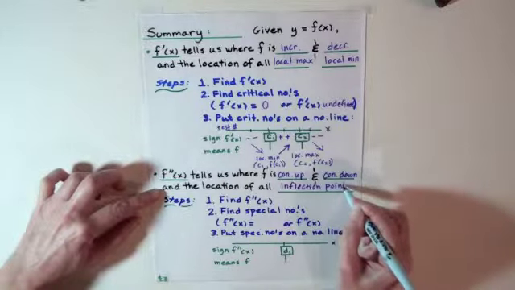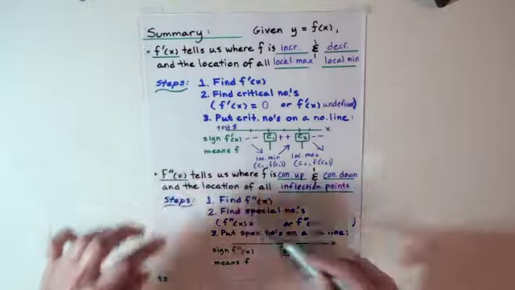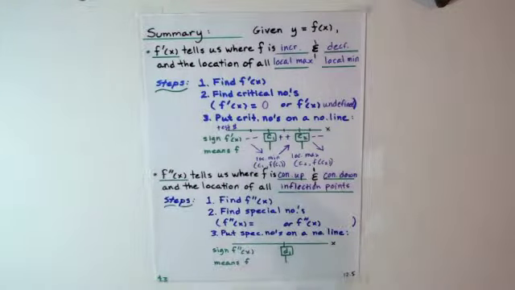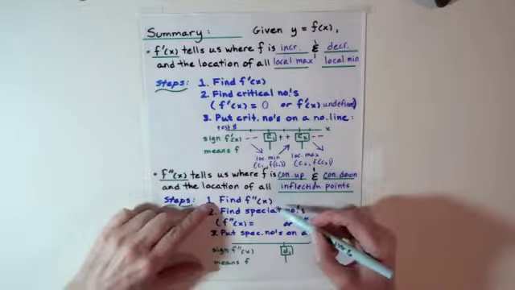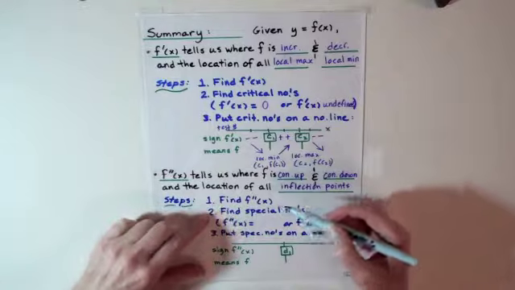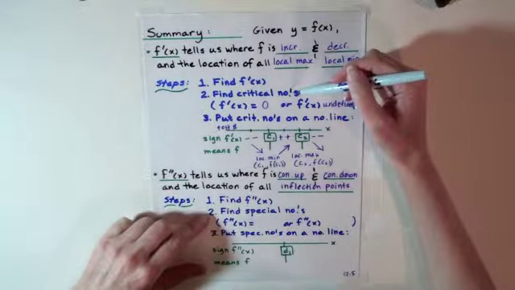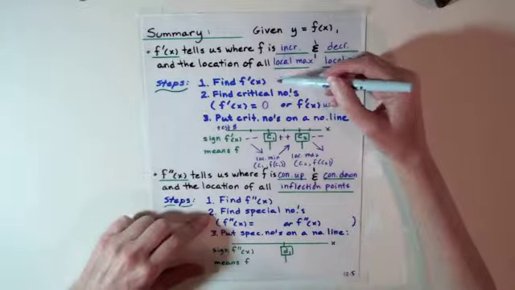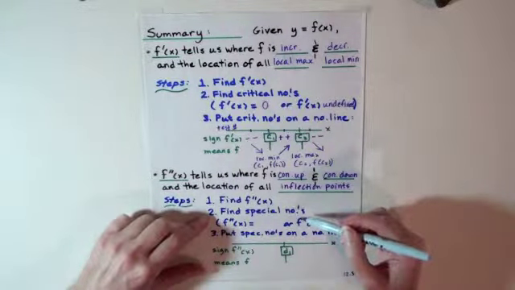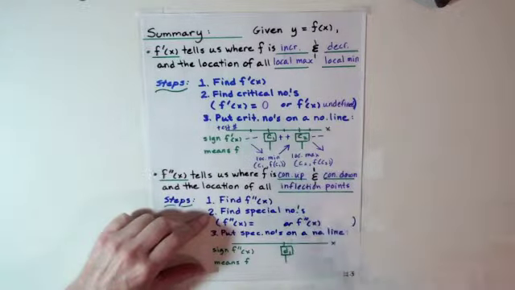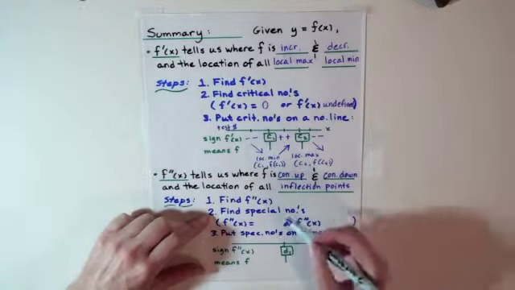Well, how do we go about step by step finding all this stuff, the concavity and the inflection points? We start by finding f double prime of x, and then we find what are called the special numbers. They're exactly identical to the critical numbers, but critical numbers are associated with f prime, whereas special numbers are associated with f double prime. But mechanically, mathematically, it's exactly the same idea.